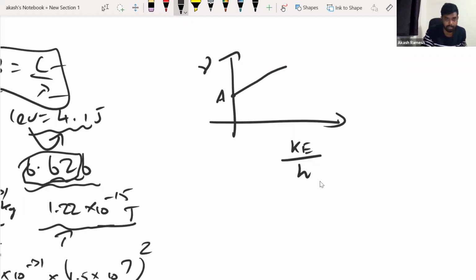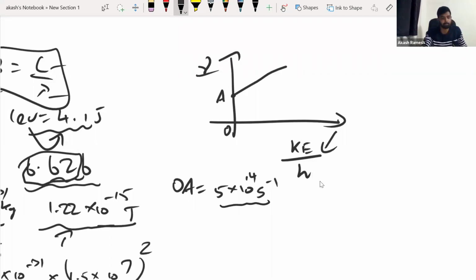This is my origin, O. They have given OA as 5 into 10 to the power 14 per second.